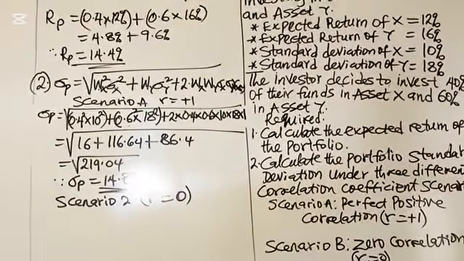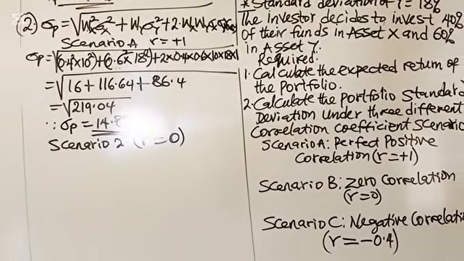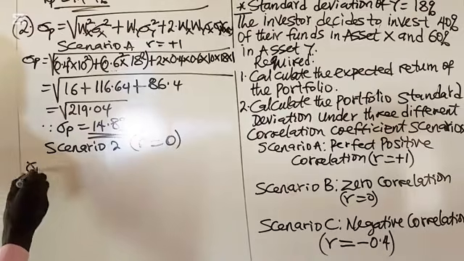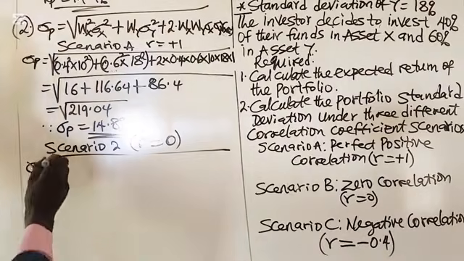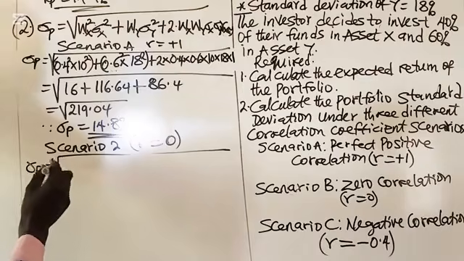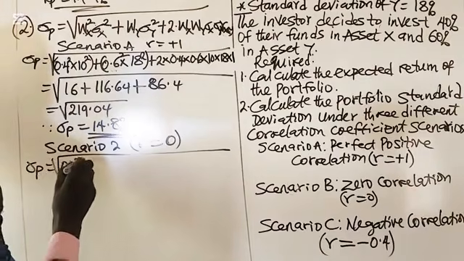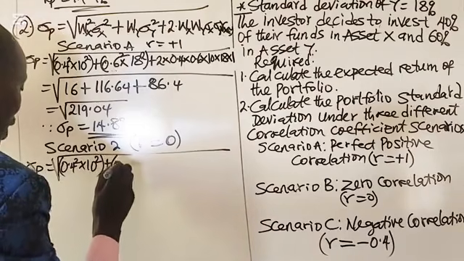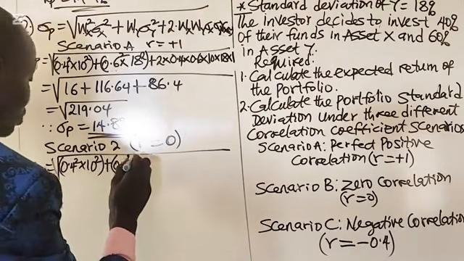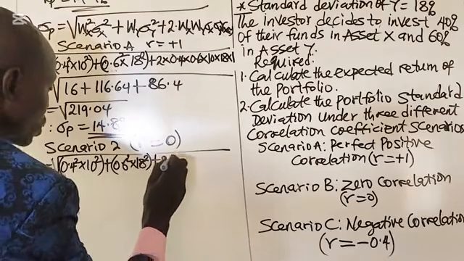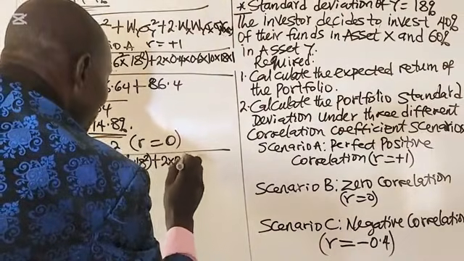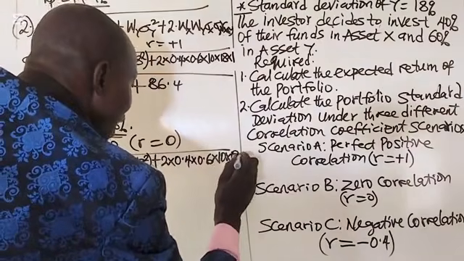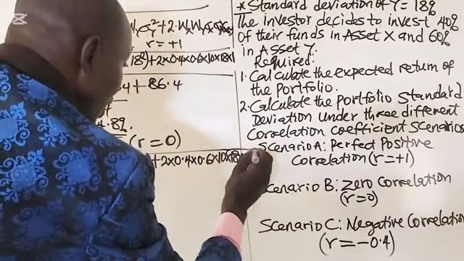Substituting into the formula, which still remains the same, the standard deviation of the portfolio equals the square root of variance: 0.4 squared times 10 squared, plus 0.6 squared times 18 squared, plus 2 times 0.4 times 0.6 times 10 times 18 times the correlation coefficient between the two securities, which is now 0.